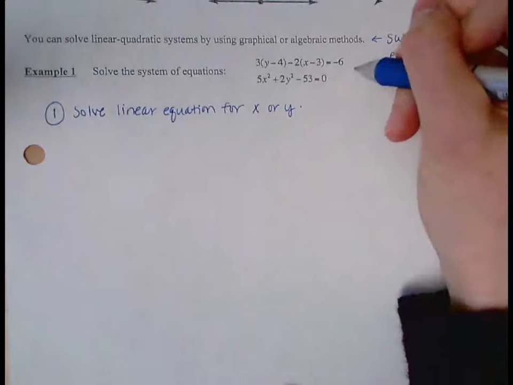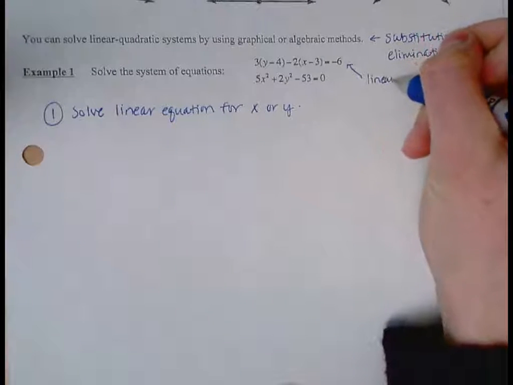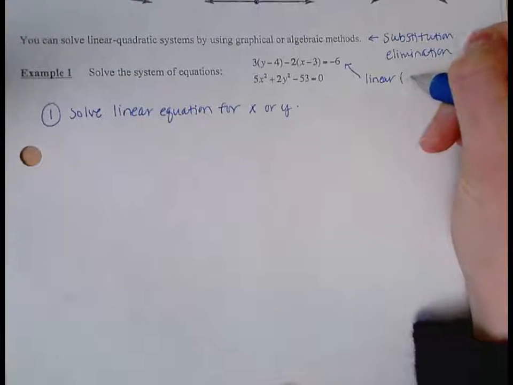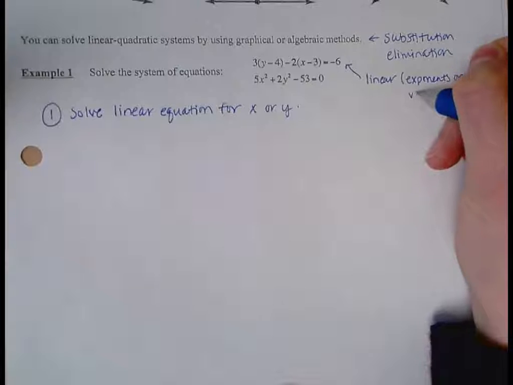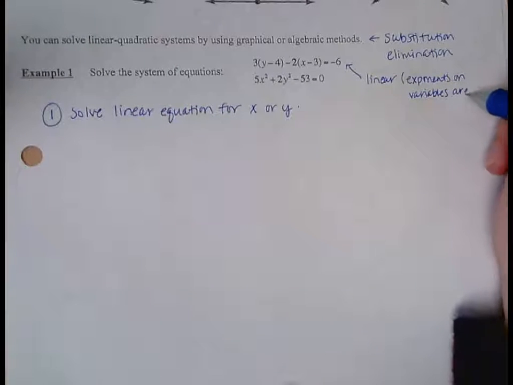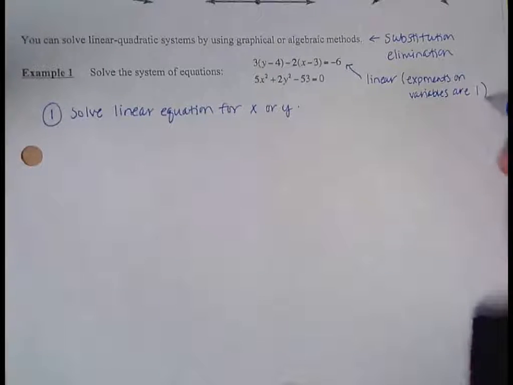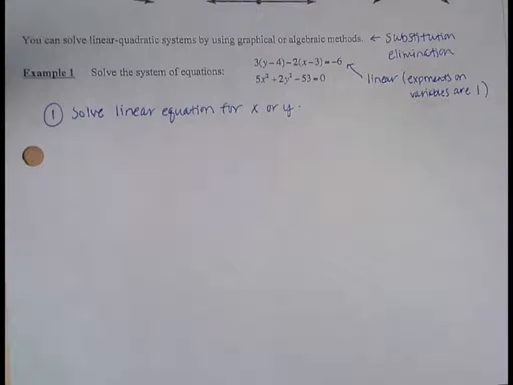So the linear equation, if you want to just make a note here, the exponents on the variables are 1. Or rather, you can see a quadratic equation is when you have an exponent on a variable of 2, and we have both an x squared and a y squared. So identify which equation is linear.